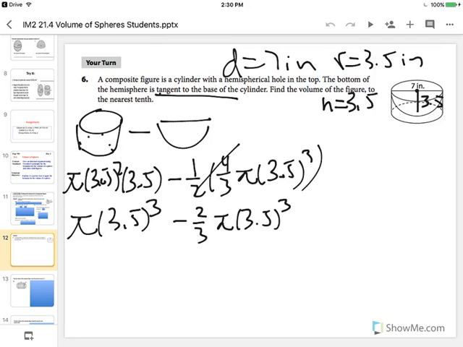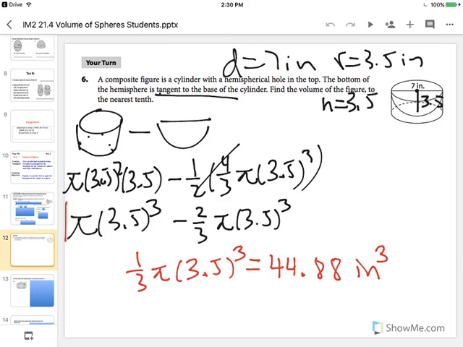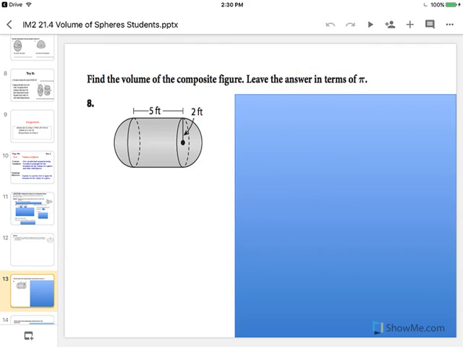Remember that there's a 1 here that we don't write. So 1 minus 2/3 gives us 1/3 pi times 3.5 to the third power. Then from there we can use our calculator. Okay, so I'll round this off to 8, and this is centimeters cubed. I'm sorry, inches cubed. Right, so let's go on to our next example.